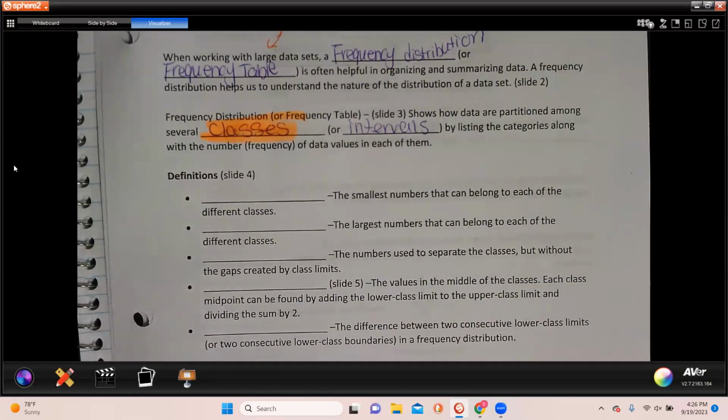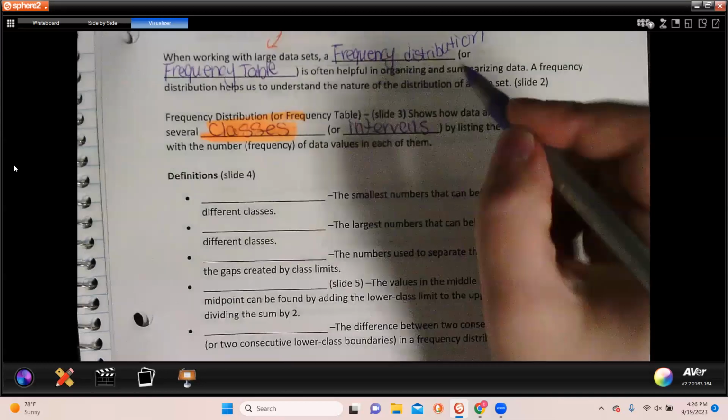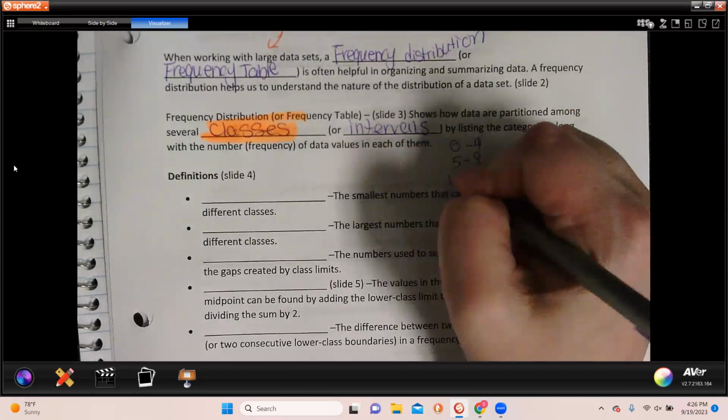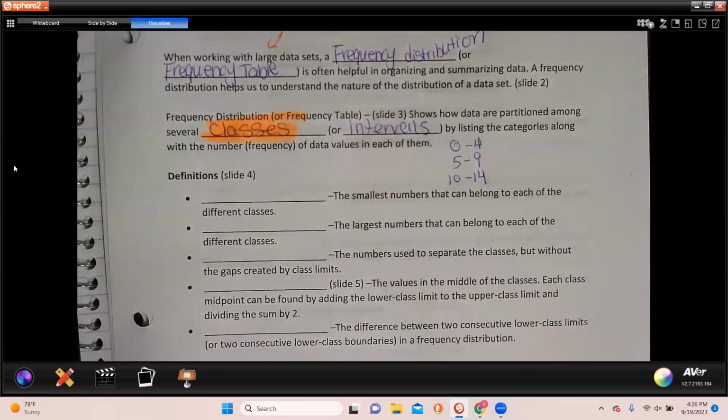So if my classes were 0 to 4, 5 to 9, 10 to 14, then my frequencies would be how many of my data values are from 0 to 4, and how many are from 5 to 9. Those are the frequencies that go along with those classes.